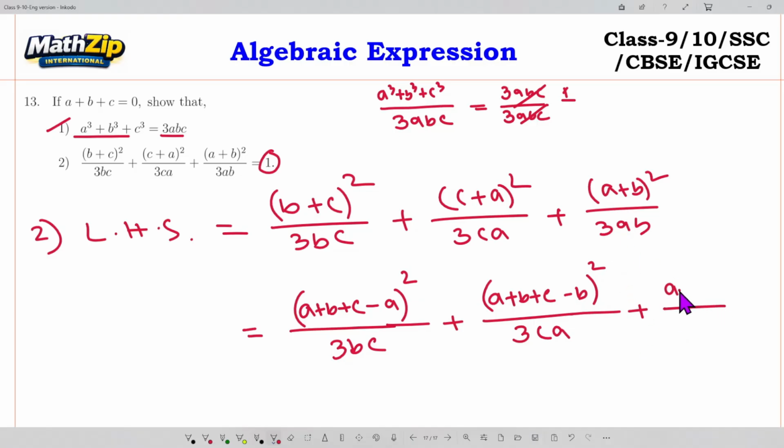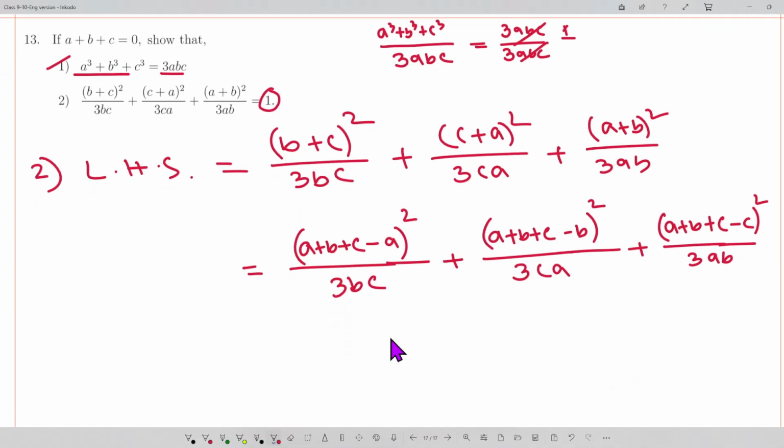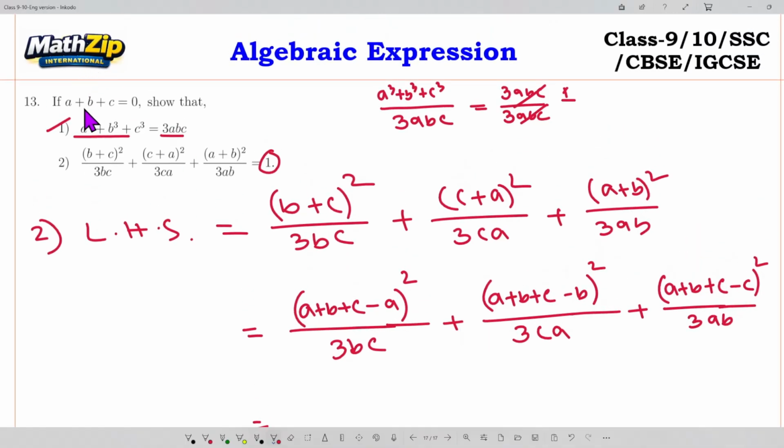Again a plus b plus c, c is extra, so we will cancel like this way, and here is square 3ab. Now look, everywhere a plus b plus c, but we already saw that it has been given a plus b plus c equals 0.